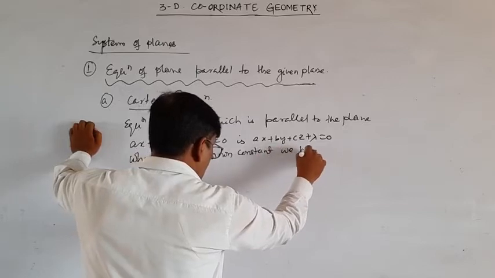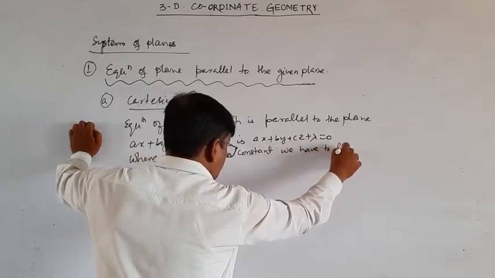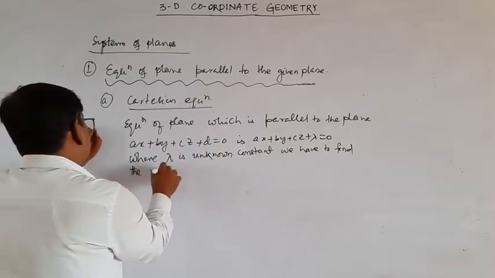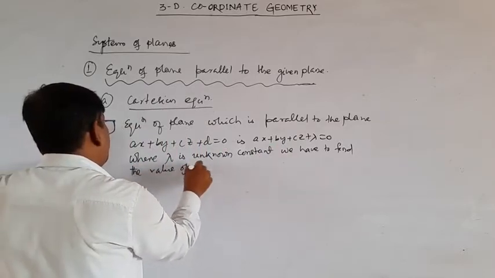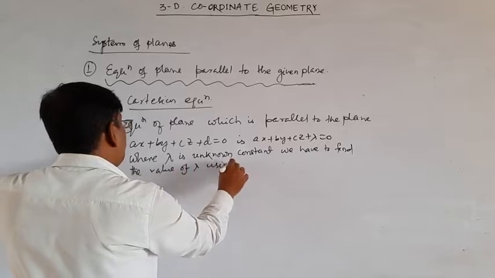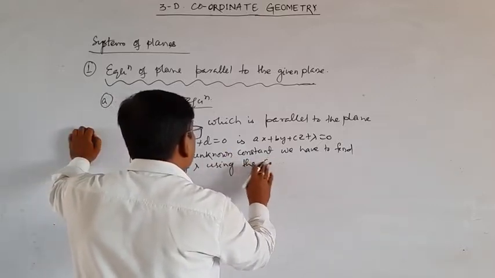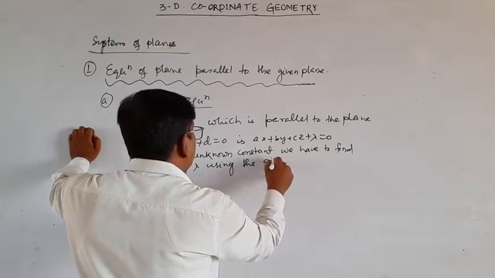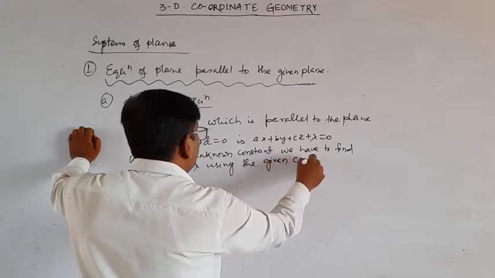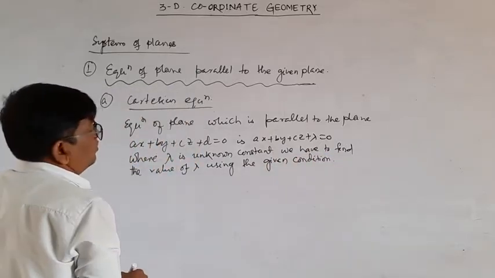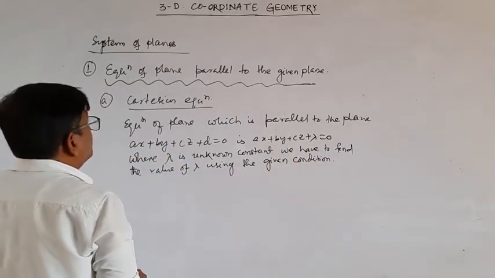We have to find the value of lambda using the given condition. Okay, this is the Cartesian equation.